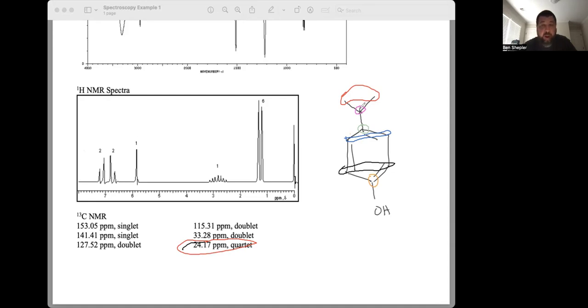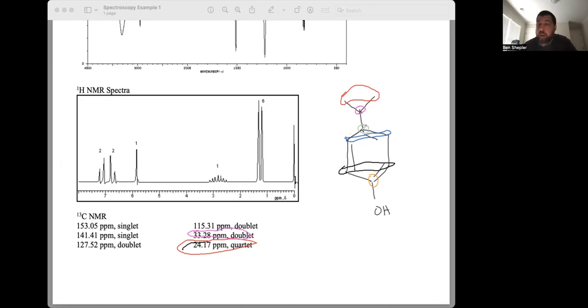And then again, it's not part of a pi bond, it's not connected to an oxygen, so it would also be between 0 and 50. But it is closer to the benzene, so I'd expect it probably to be higher than the previous one. And sure enough, I've got a doublet at 33. So that's in between 0 and 50. It's a little bit higher than the methyls because it's closer to the benzene ring, but that is almost certainly the CH from the isopropyl.